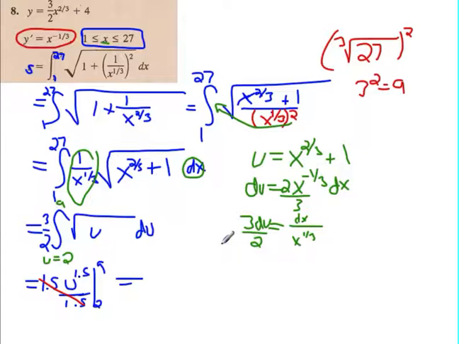So let's stick this in our calculator. Let's see what we come up with. Well, I guess we don't even need, we changed the integrand, so we don't even have to go back to normal. Sorry about that. So it's going to be 9 to the 3/2 minus 1 to the 3/2, and I'm just going to stick that in my calculator.